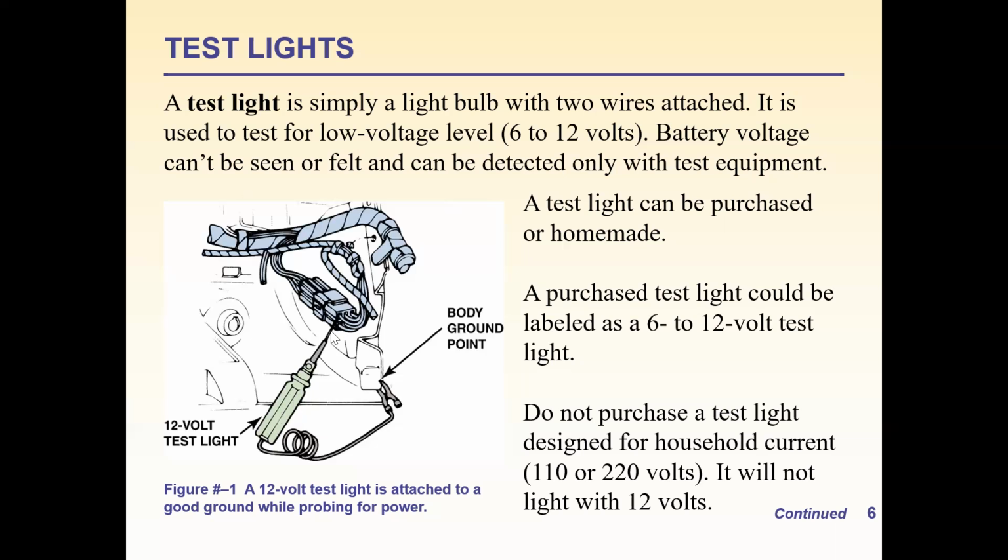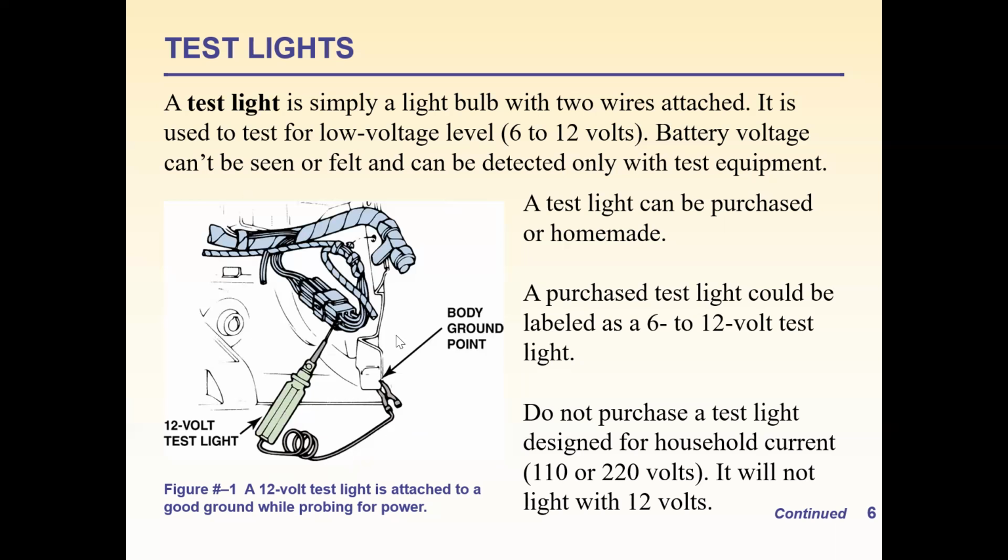Here the probe of this test light is connected to the bare wire in order to determine the electrical signal in the wire. The other end of the test light is connected to the ground. So if there is a current flow or there is an electrical signal, that can be sensed by this test light and it will glow. Okay, and why is this ground necessary?